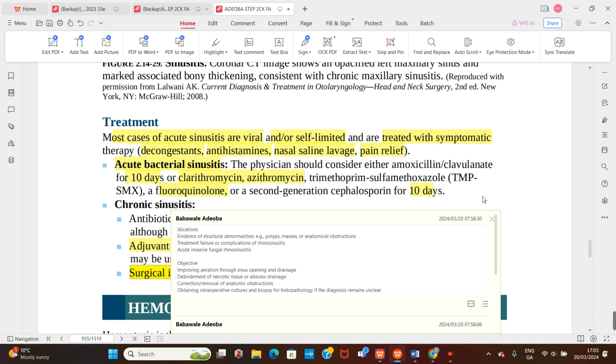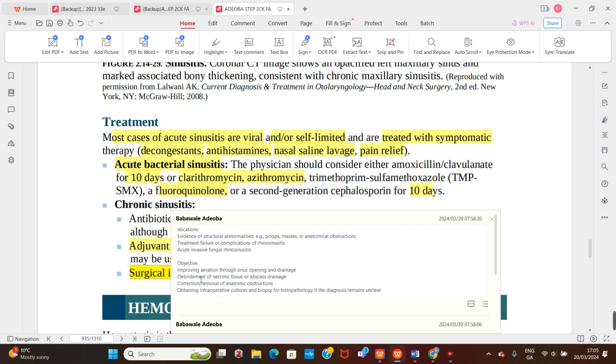Then you need to give them the right antifungal agent. The reason why you are doing all these things is to improve ventilation to the sinuses. For the fungal one, you are debriding, removing the necrotic tissue. For individuals with structural problems, anatomic obstruction, polyps, mass, you have to remove or correct the obstruction.